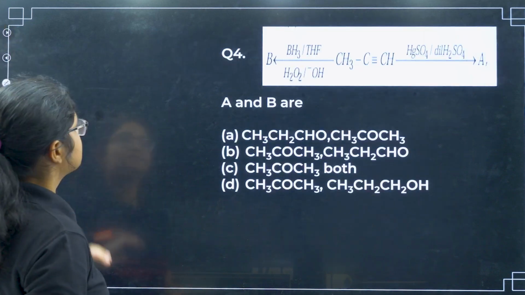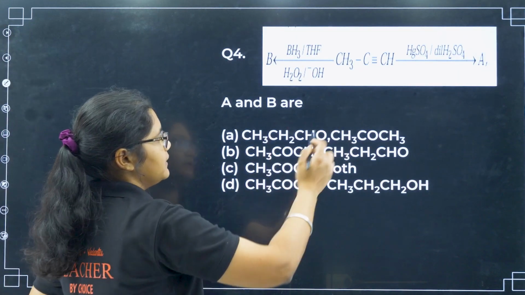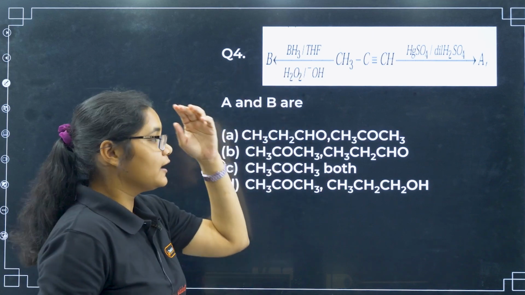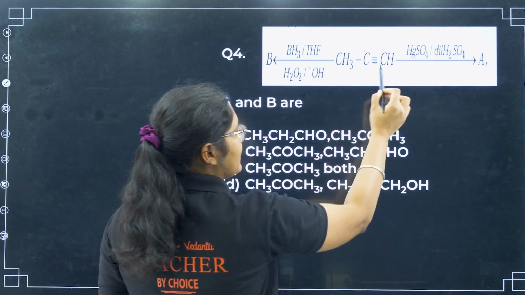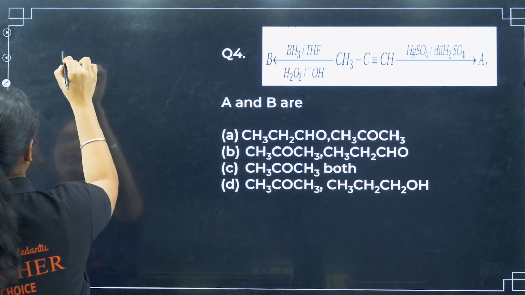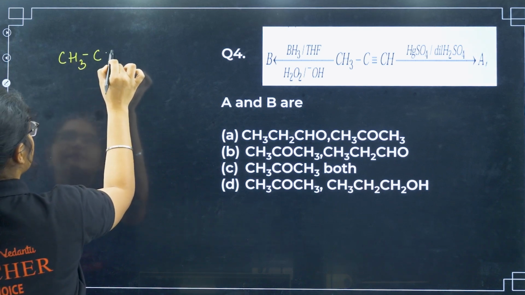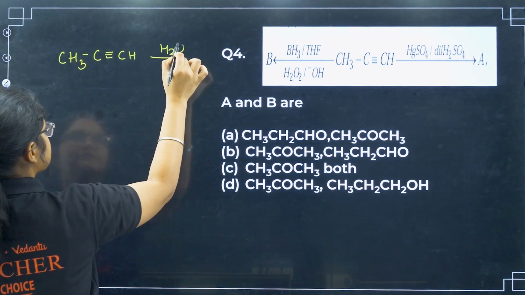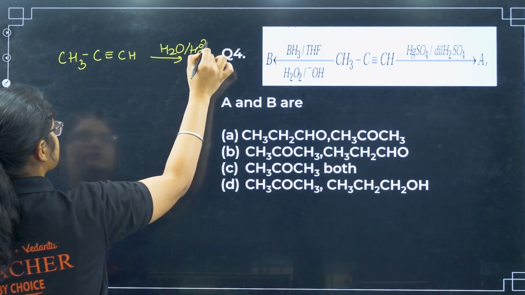Okay. Next, question number 4 here, A and B. So you have to be very careful here. A is on that side and B is on this side. Now if I see A, you have to first add water here in CH3, C triple bond CH. First I will add water, okay, in presence of Hg2 plus. So what will happen?